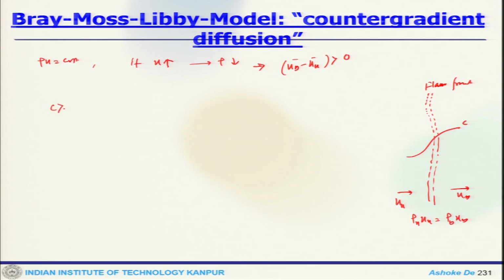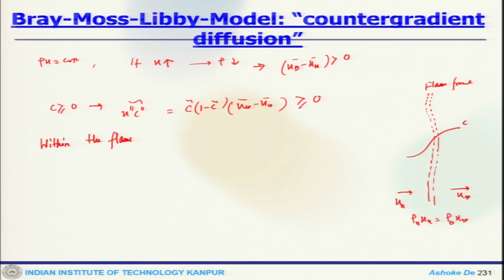Now, because C is greater than or equal to 0, this term I can write as C bar (1 minus C bar)(U_B minus U_U), which is greater than or equal to 0. Now, this is in the flame front. Within the flame zone, del C bar by del x is greater than 0.